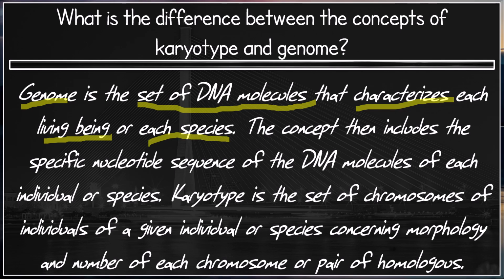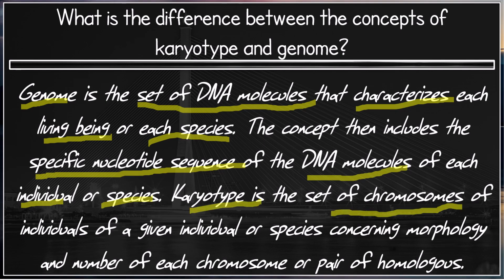The concept then includes the specific nucleotide sequence of the DNA molecule of each individual or species. Karyotype is the set of chromosomes of a given individual or species concerning morphology and the number of each chromosome or pair of homologous.